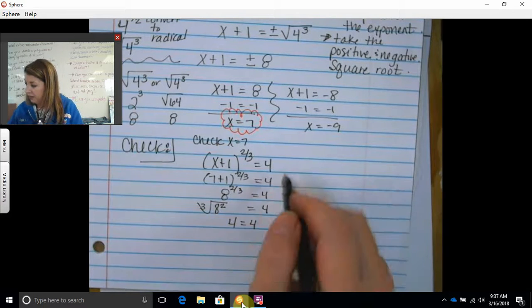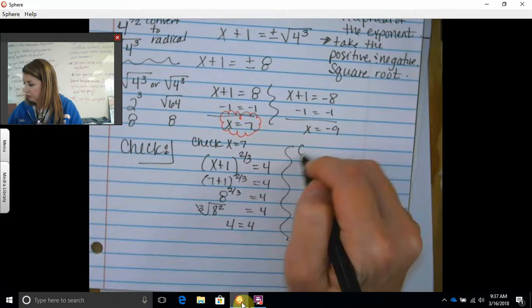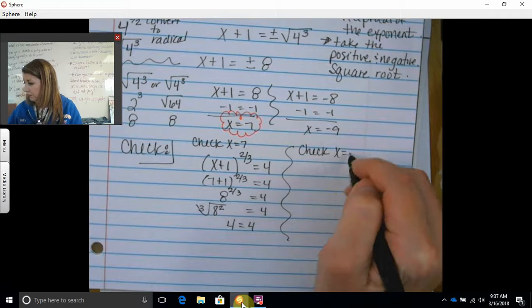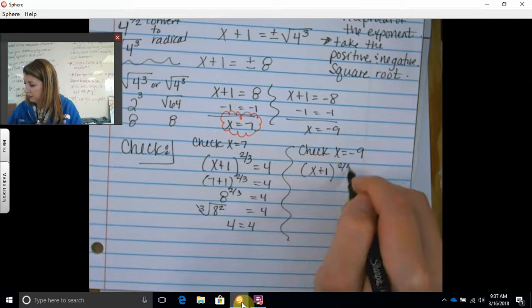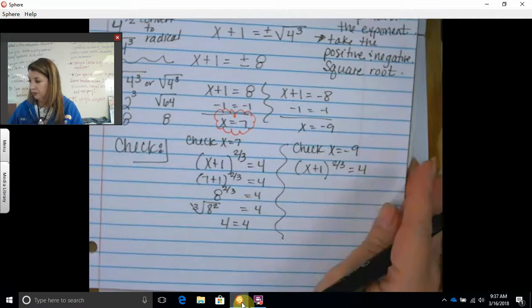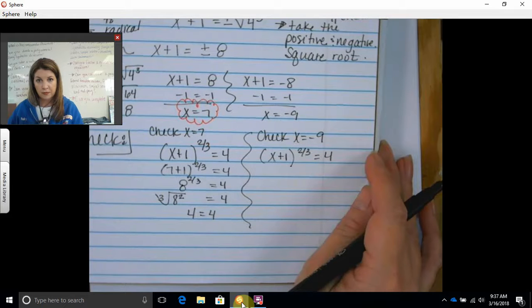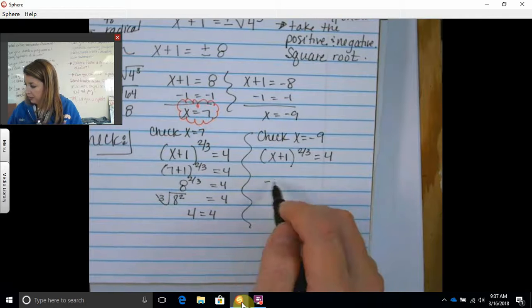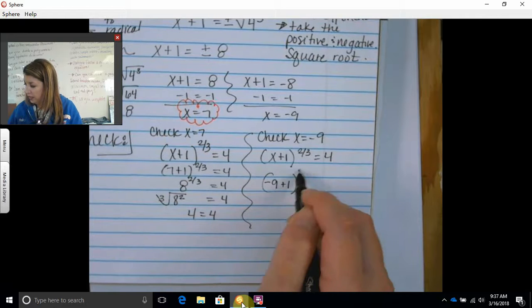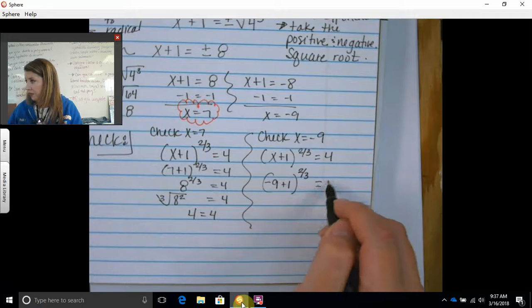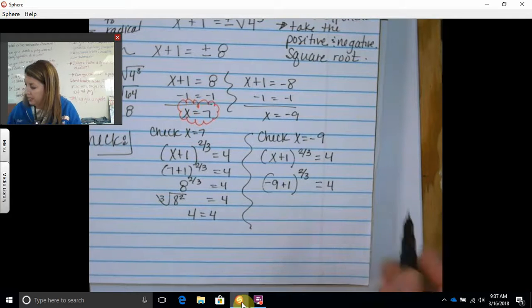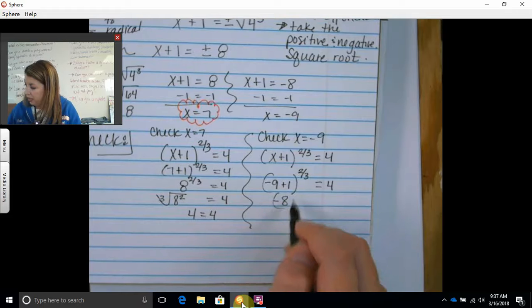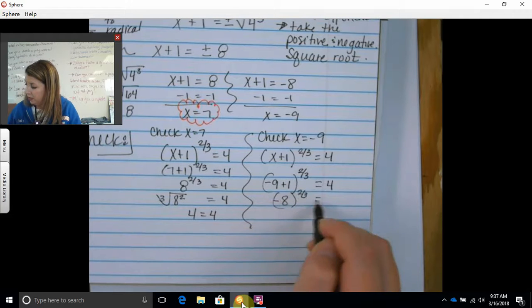And let me check negative 9. So I have negative 9 plus 1 quantity raised to the 2/3 power equals 4. So that's negative 8 quantity raised to the 2/3 power equals 4.